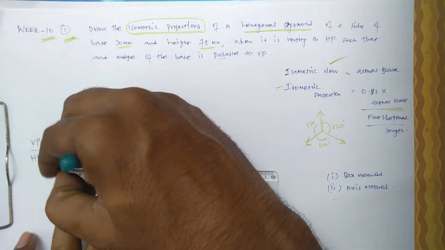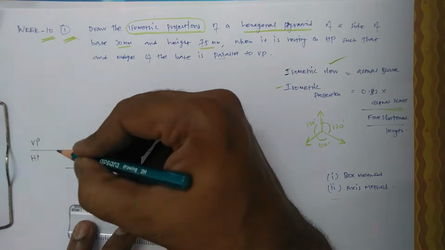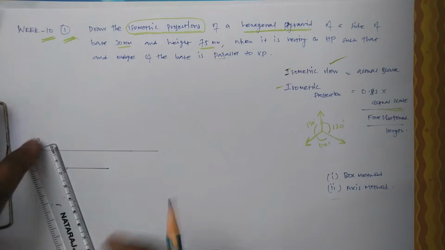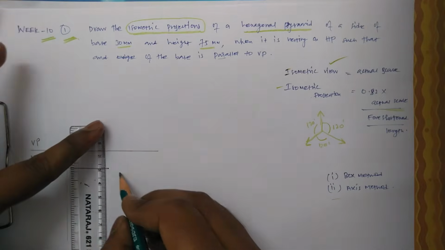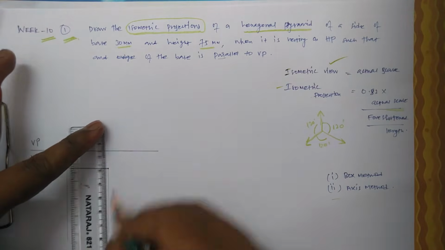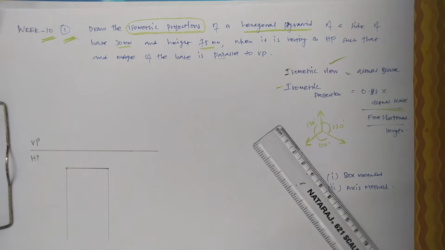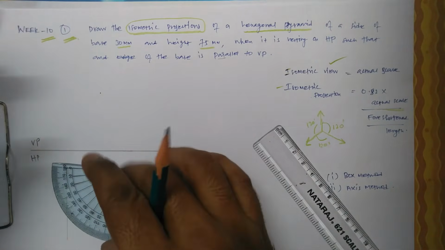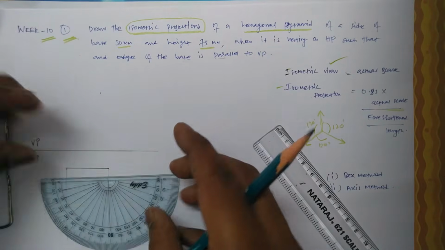We know only the exterior angle method. For a hexagon, 360 divided by 6 is 60 degrees.